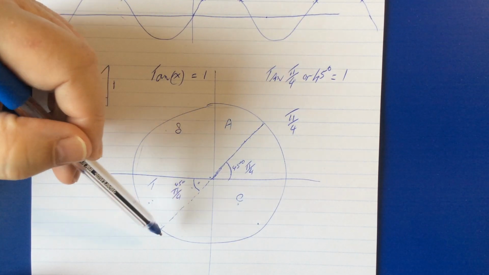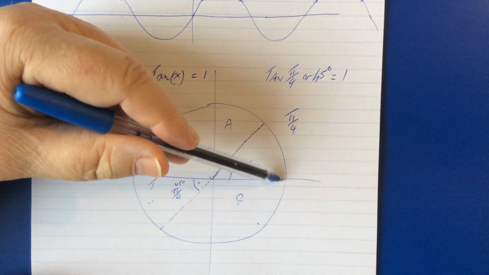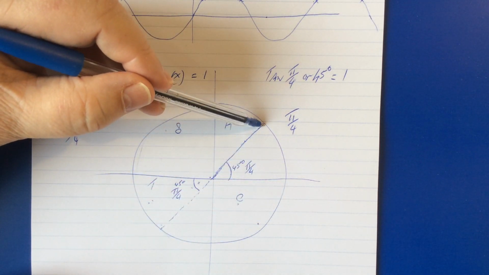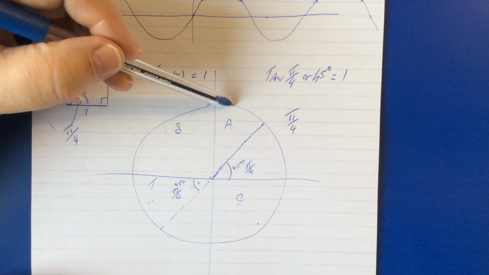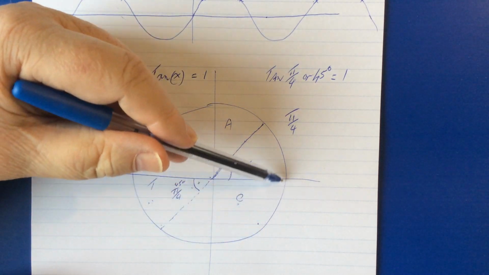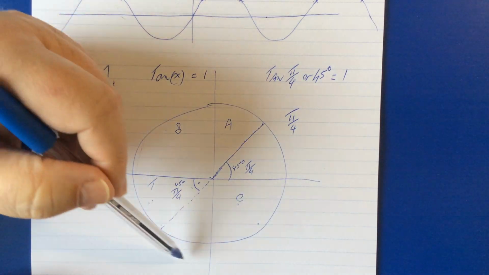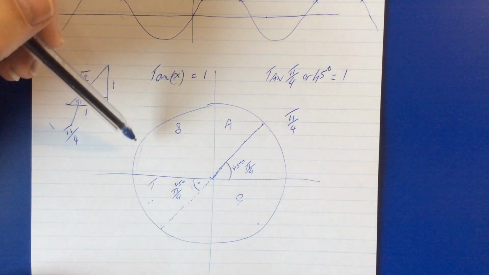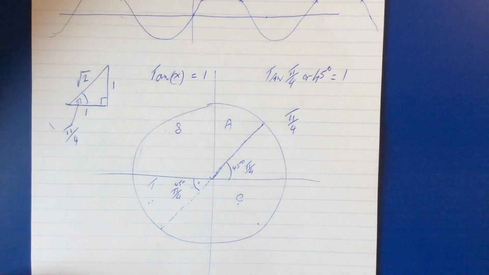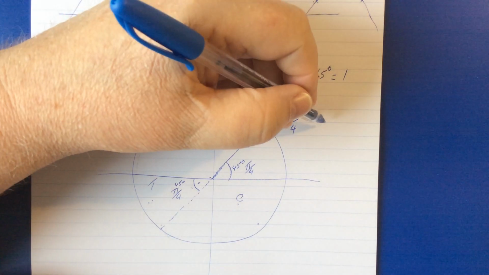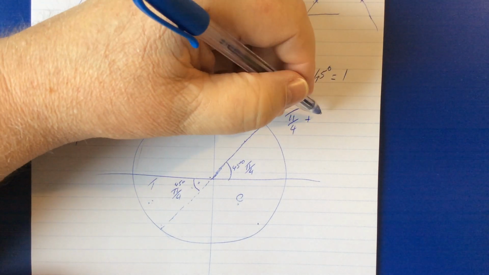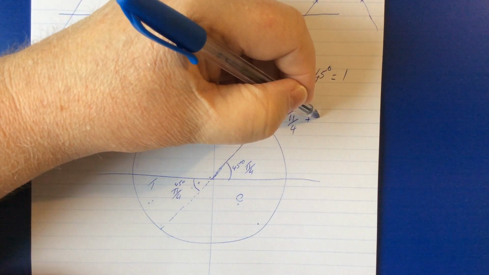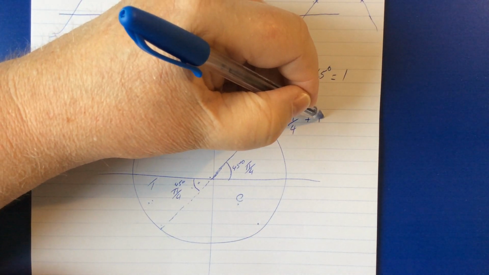We hit it again. What happens if we move around to here, 180 degrees? We hit it again, and again, and again, and again, unless our domain is somehow restricted. So, what do we wind up with? Well, we wind up with plus pi.